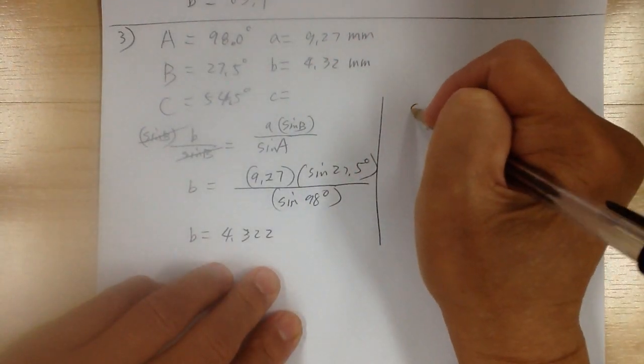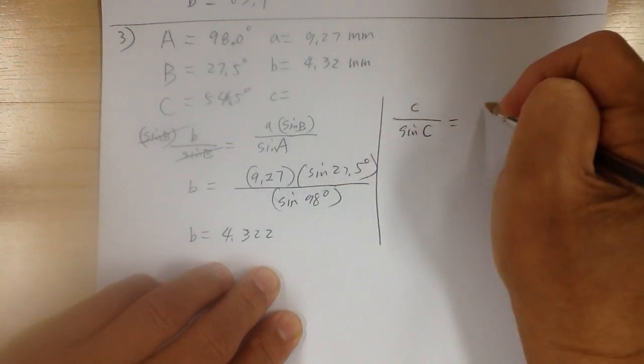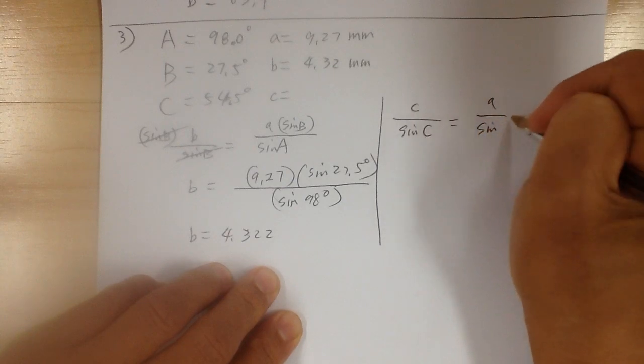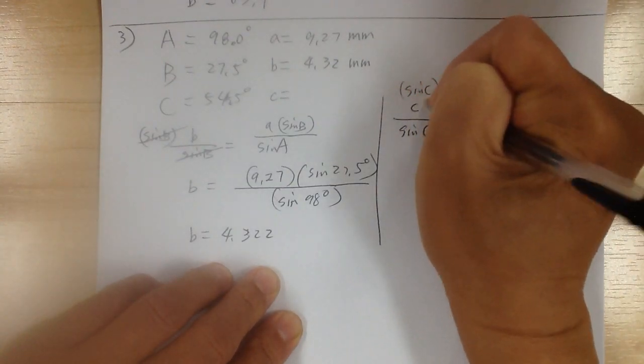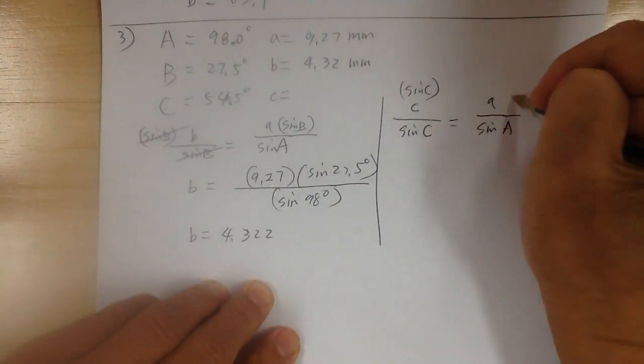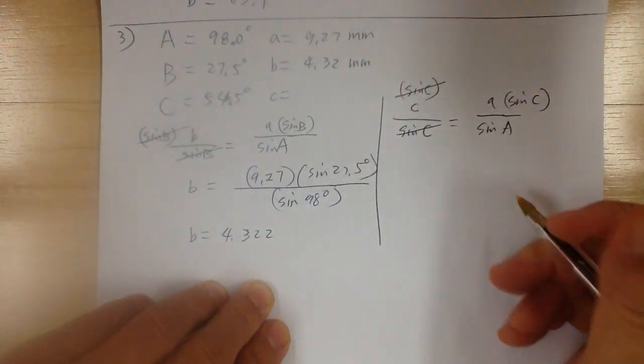Okay, to find C, you do exactly the same step. C over sine C equals A over sine A, multiplied by sine C on both sides. So this will cancel out.